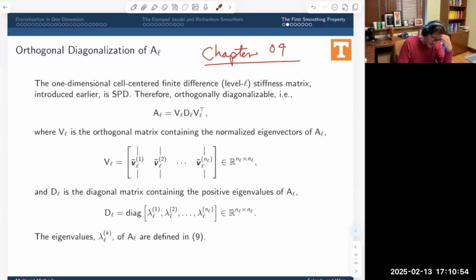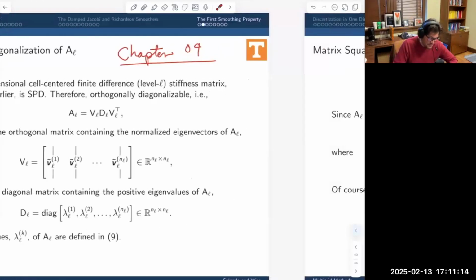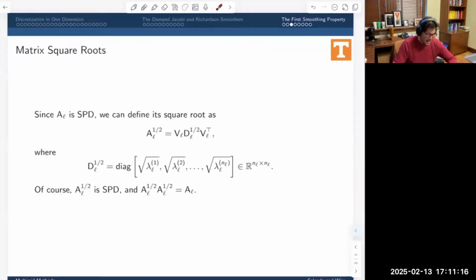Now, if we orthogonally diagonalize AL by VL, then the diagonal entries are just going to be the positive eigenvalues of the matrix AL. Since these eigenvalues are positive, that tells us right away that the stiffness matrix is SPD, but it also allows us to do something kind of cool. For this SPD matrix, and in fact any SPD matrix, we can define its square root.